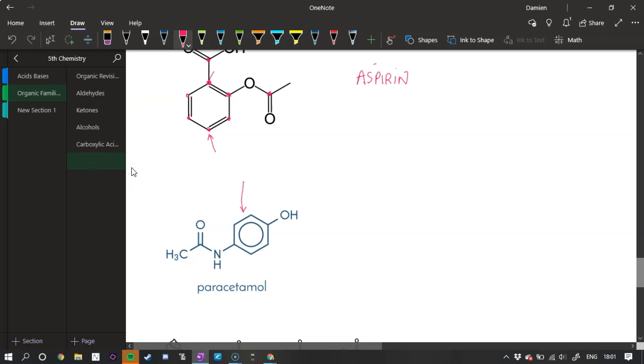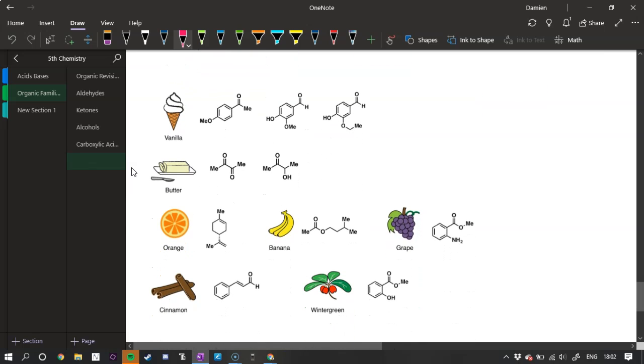And then also another place that it's used. Benzene or aromatic compounds are used in the pharmaceutical industry. Another place they're used is down here, which is food additives. And as you can see, vanilla.